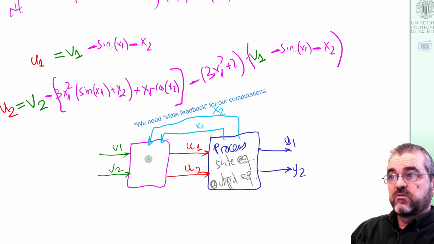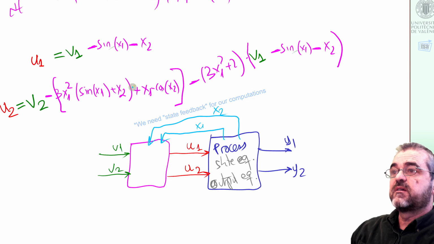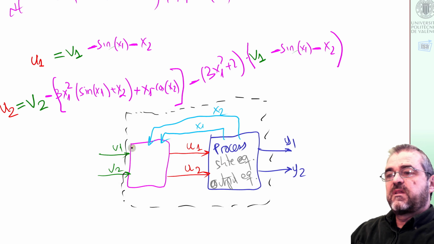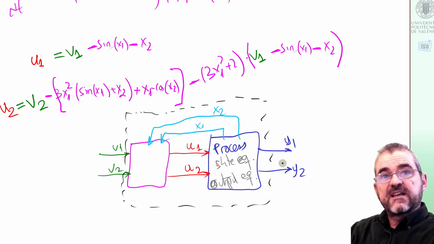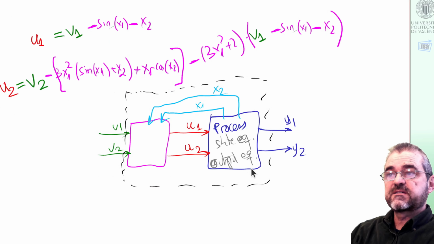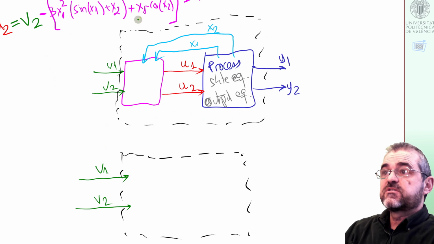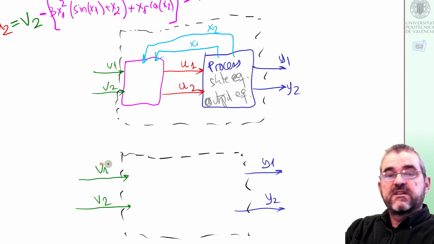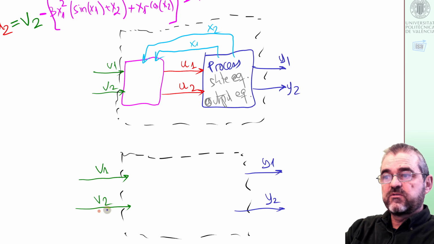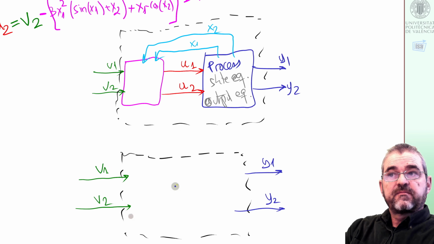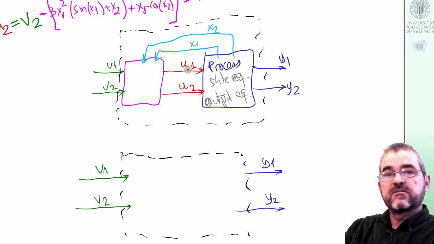But once that code gets implemented, then if we just look from outside, what we get is that we have a black box in which these artificial variables v1 and v2 enter, and some code and some physics get executed.